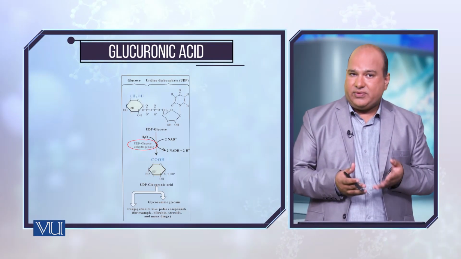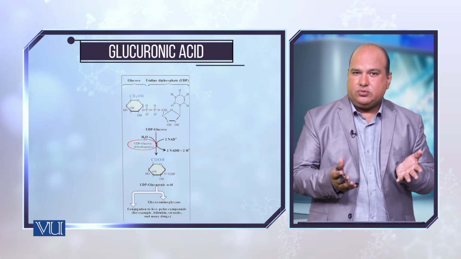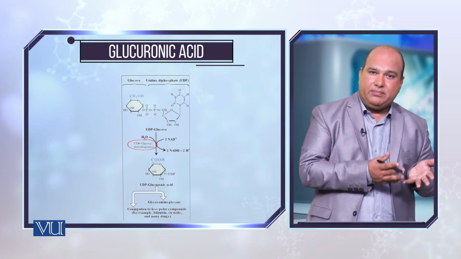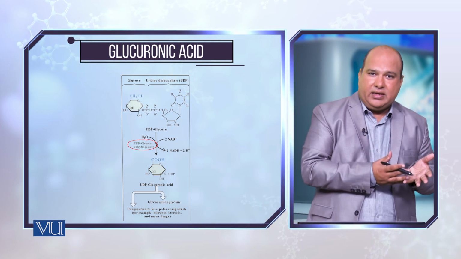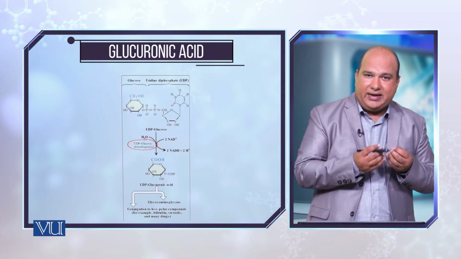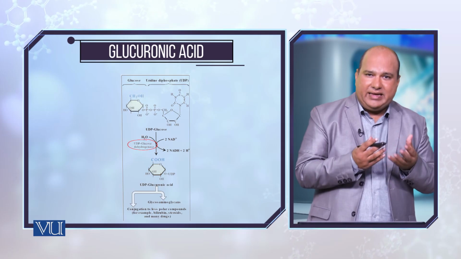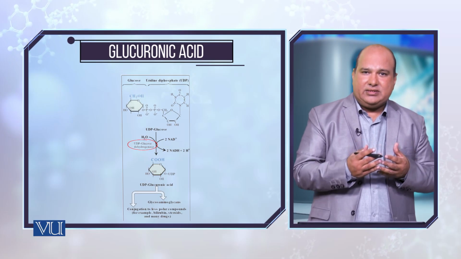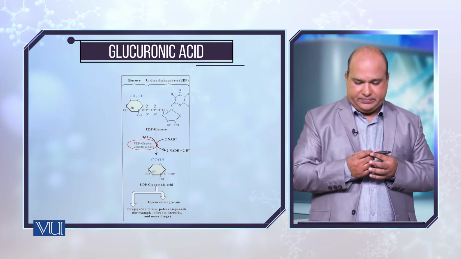Once you have the UDP glucuronic acid, it must not be difficult for you to know what it will do next. Yes, it will then become part of the elongated chain of the GAGs. Why? Because we have already learned that once a molecule acquires UDP, it becomes energetic and it can easily be involved in the reaction, so as to become part of the elongated chain.